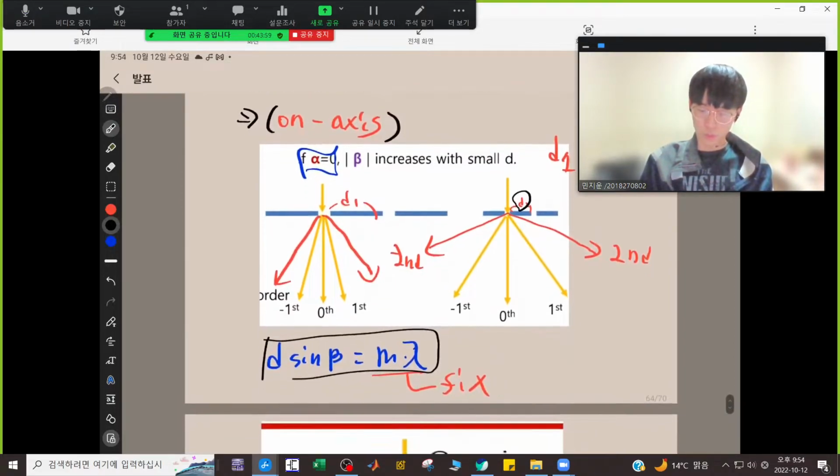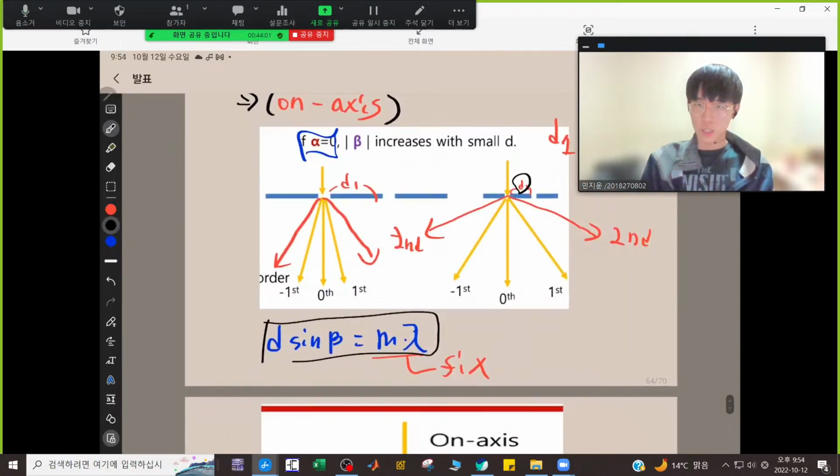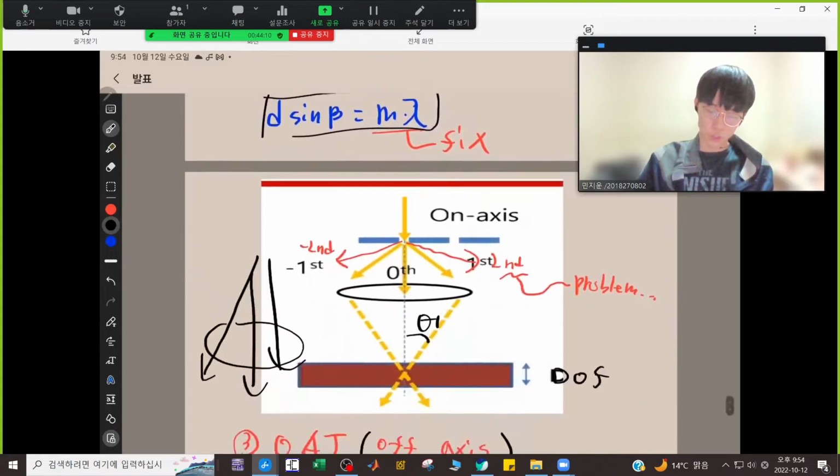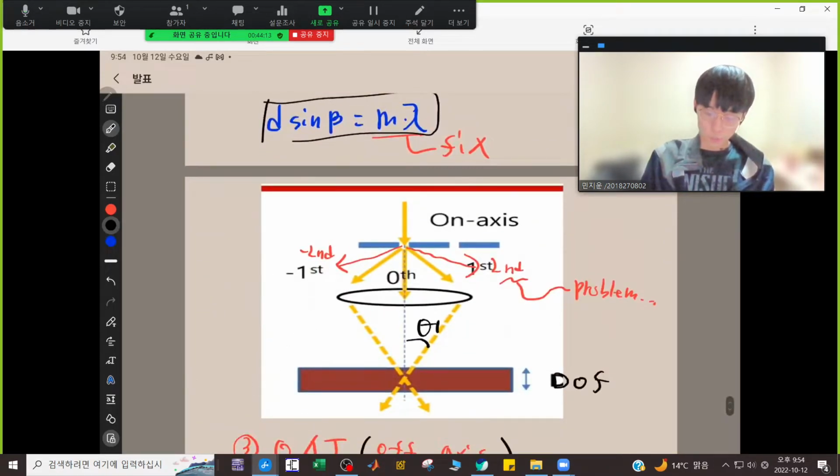This situation can cause a problem in patterning.